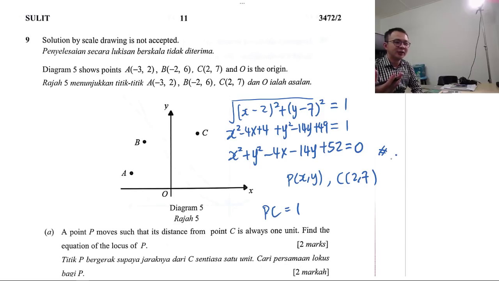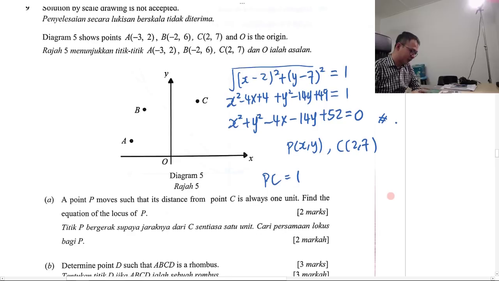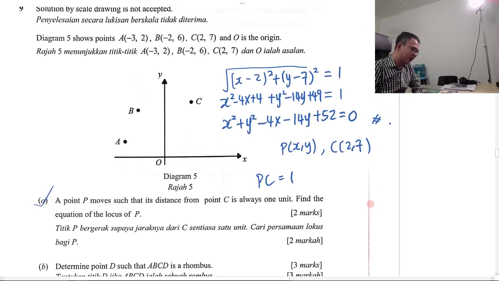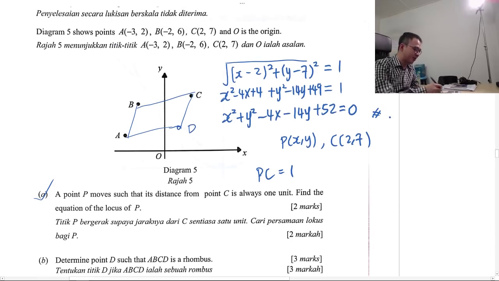Okay, so then I will move on to part A. Determine the point D such that ABCD is a rhombus. So if ABCD is a rhombus, I guess D should be somewhere here. I give you some idea: if I do this one, I can get D straight away, because rhombus means all sides should have the same distance, right? That means I will find how B goes to C. From B to C, they move negative 2 to 2, which is 4 units, and 6 to 7, which is 1.